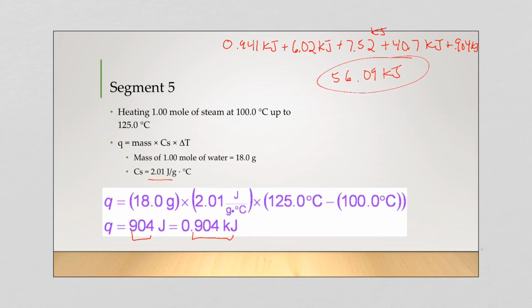That is what it took to take a mole of water from minus 25 up to 125 through these different segments of the heating curve. It took about 56 kilojoules. Notice that the vast majority of heat was involved in the boiling of the water. The rest of it took about 16 kilojoules.